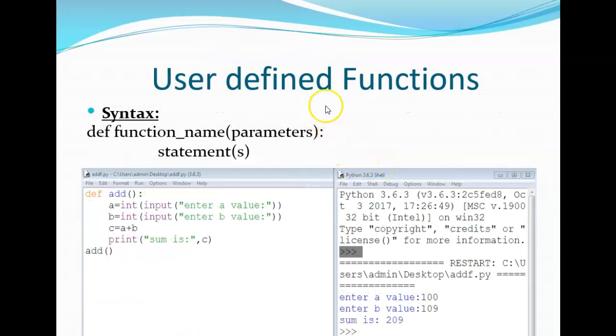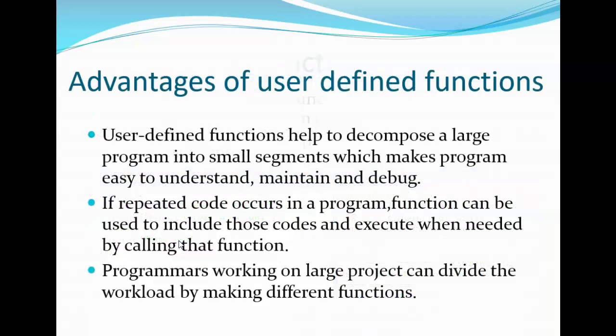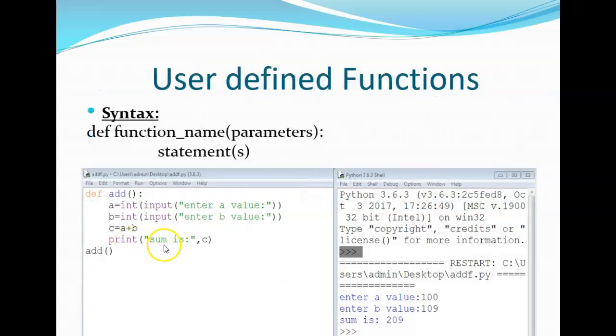Now, user-defined functions. This is the way of creating a user-defined function. First you have to use the keyword def, then the function name, parentheses, and a colon, and you have to follow the indentation. Write your own body and just print over there, or you can write a return; it's all up to you.